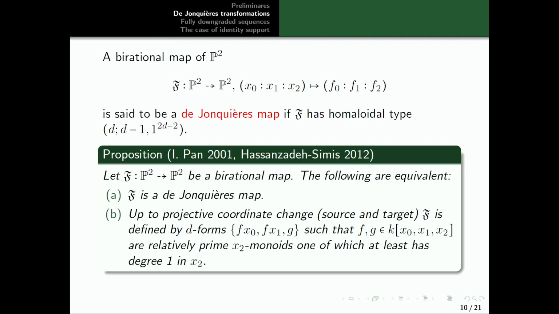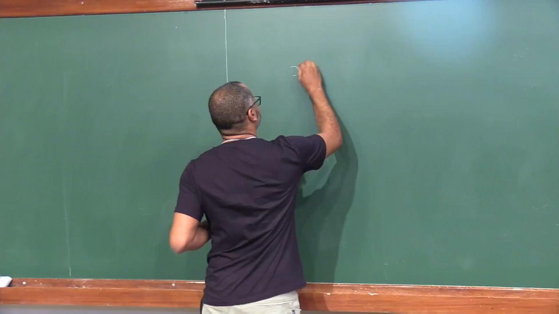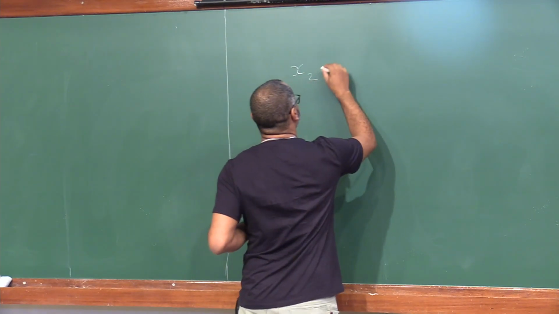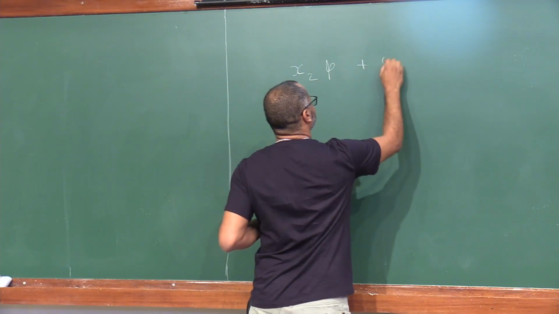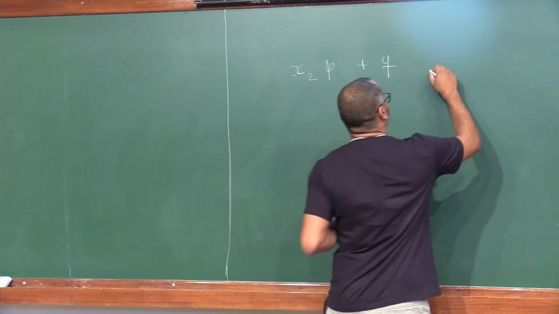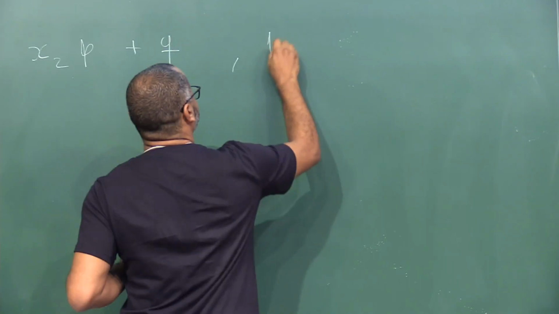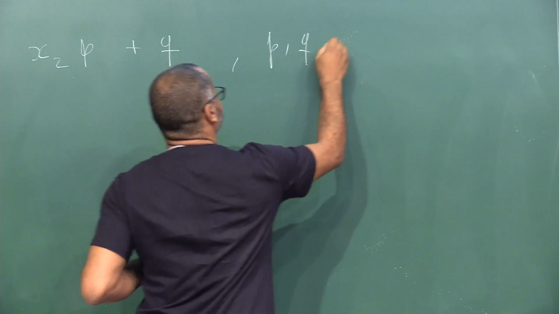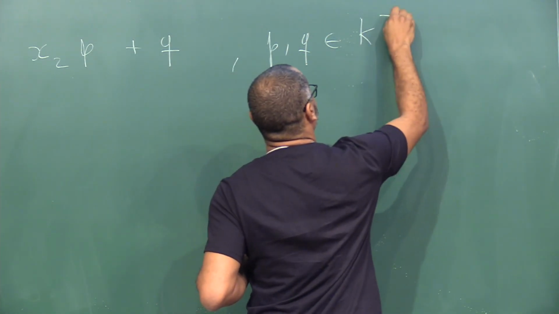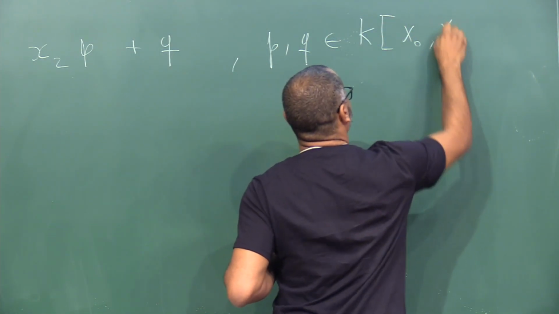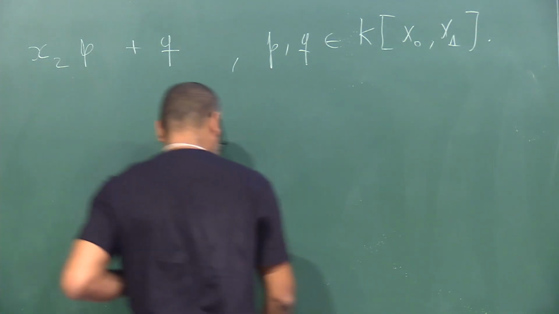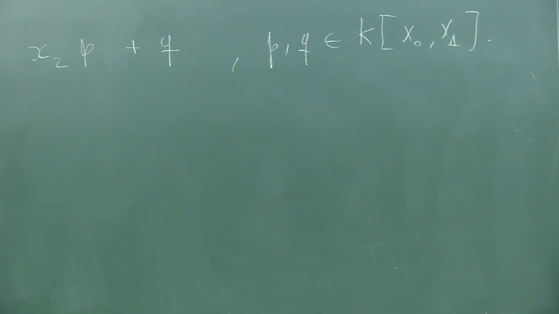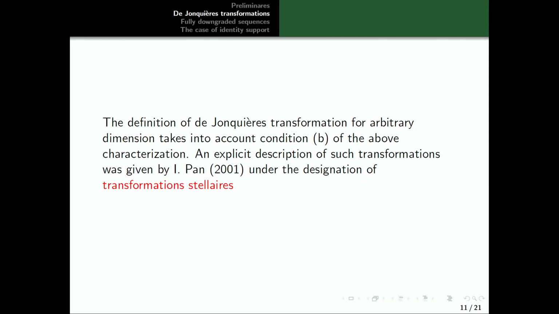A monoid is a polynomial. It means a polynomial of the shape P plus Q x2, where P and Q. To have degree at least one, it doesn't mean that Q is not zero.